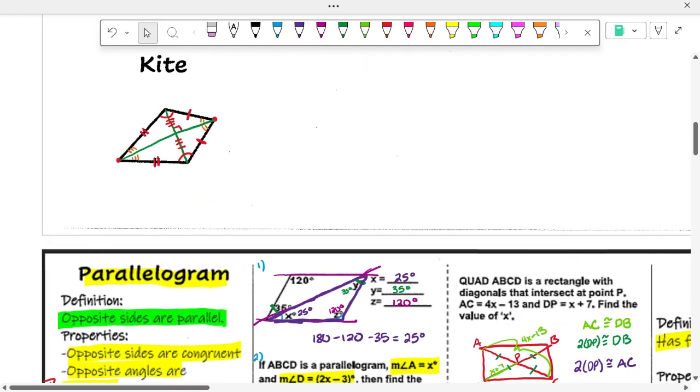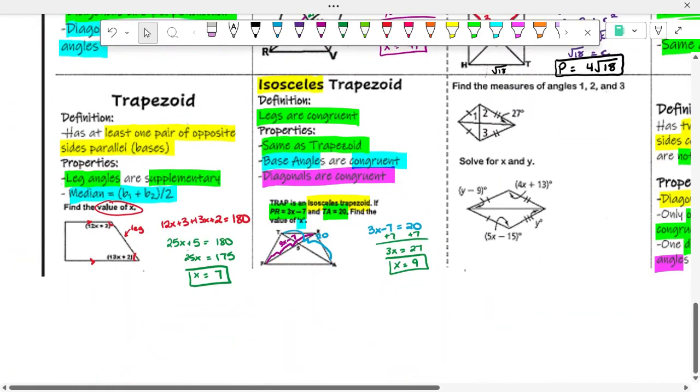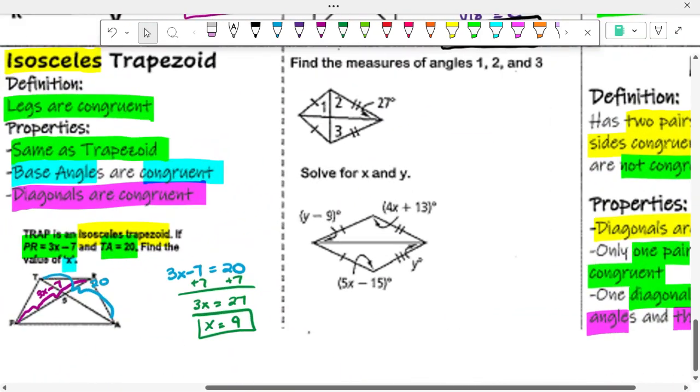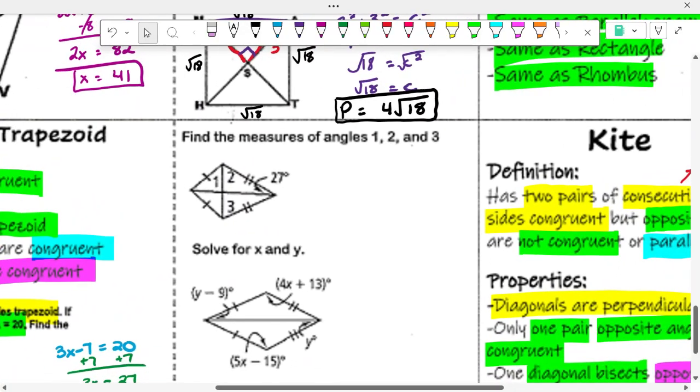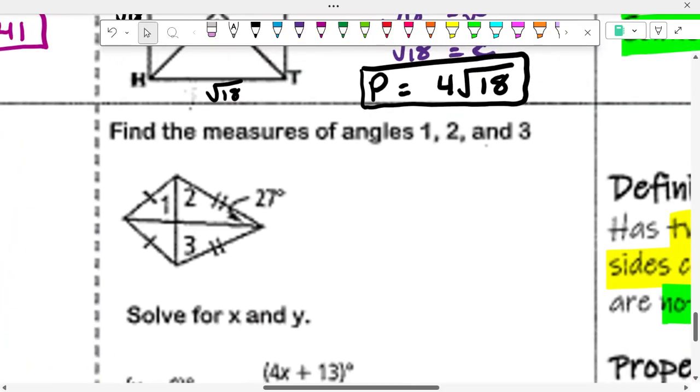All right. So let's look here. It said find the angles of measures 1, 2, and 3. It's kind of hard to tell where they're at, but this is angle 1, 2, and this is angle 3.